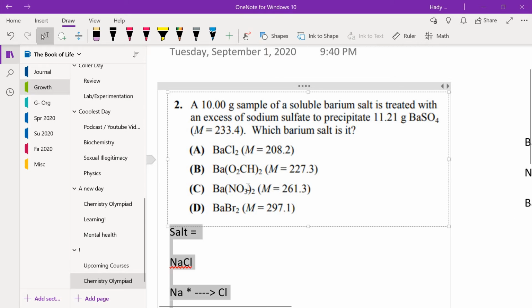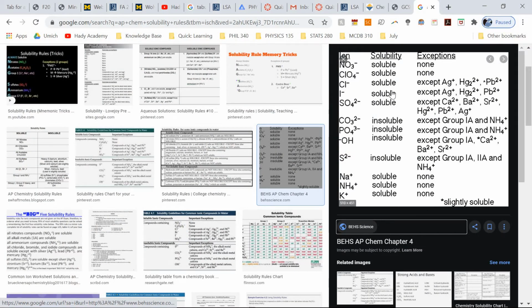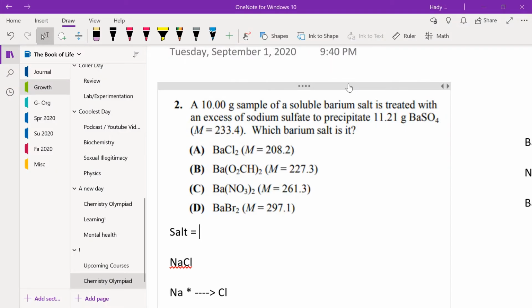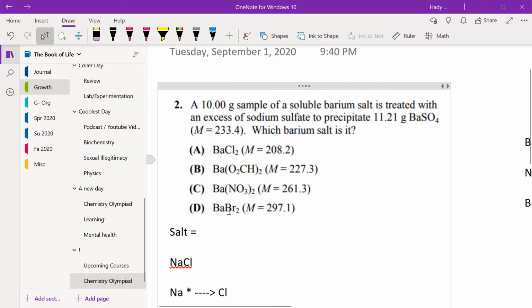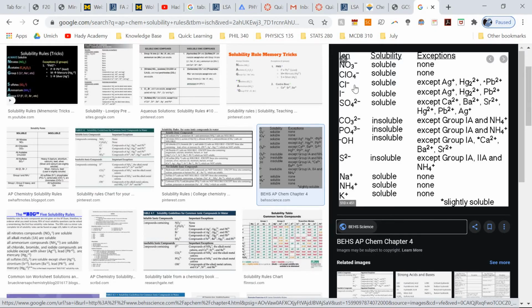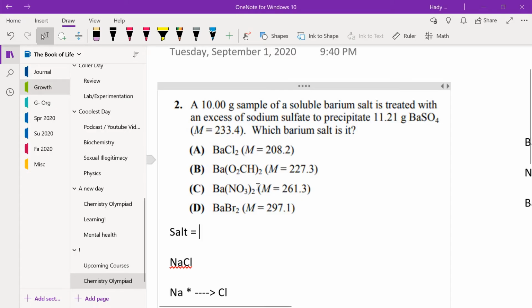I think there might be multiple solutions here that are soluble, though. Cl is also soluble, because it says it's soluble except with silver, mercury, and lead. And this is barium, so that means it is soluble, because it's not one of these. That's just chart reading. So this is soluble.